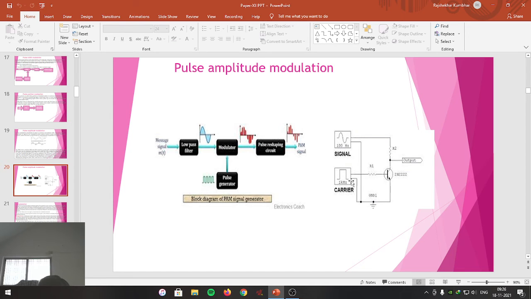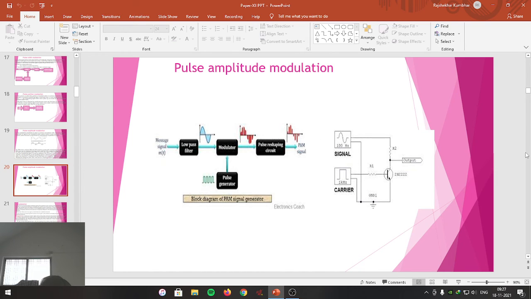When the trailing edge comes to the input, naturally the transistor will be turned off, so that the signal is not available at the output. As its amplitude changes, accordingly the amplitude of this particular carrier wave also changes, and that's why this is called pulse amplitude modulation.